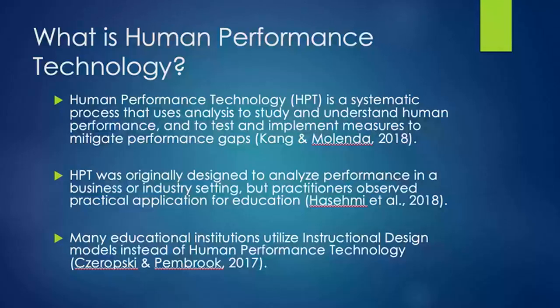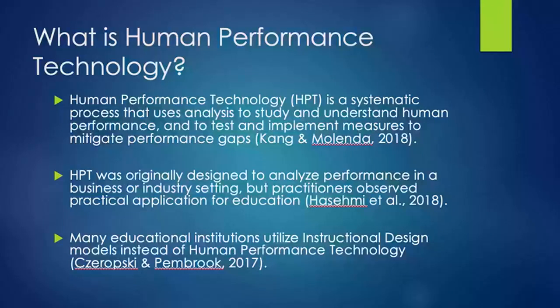But human performance technology looks at more than just instruction. So if there are potential problems with the materials that are being used, such as students at home not having access to the internet, not having technology available to them, or perhaps they are dealing with issues at the school itself, such as perhaps one classroom is located next to band and the students are having difficulty focusing on their material with the band practicing very loudly.